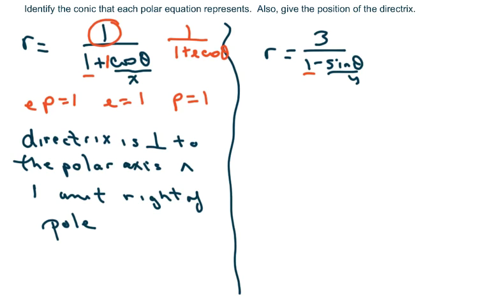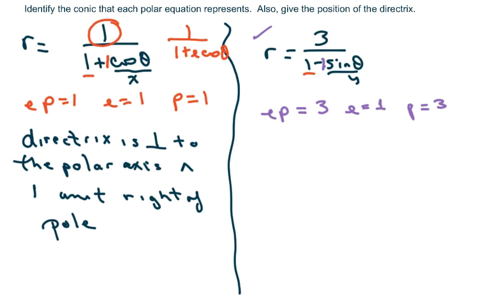So in this case, on this one here, our ep equals 3. Our e, there's a 1 here, our e is 1. And so our p is 3. Alright? It's a negative, and it's sine, so that means it's parallel.